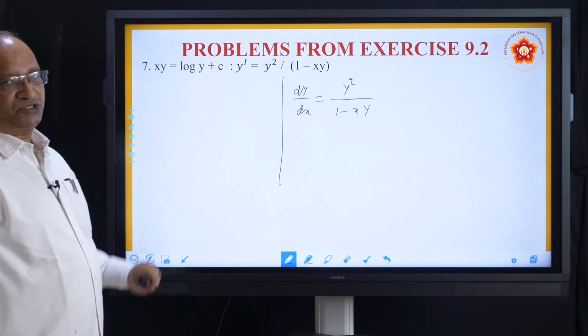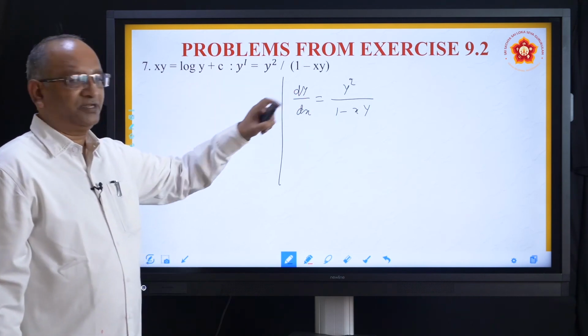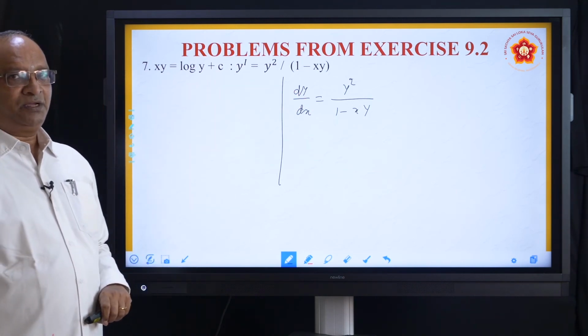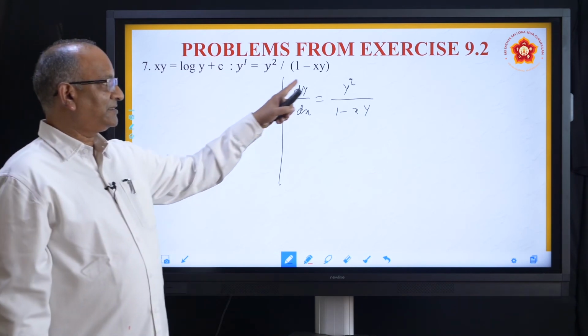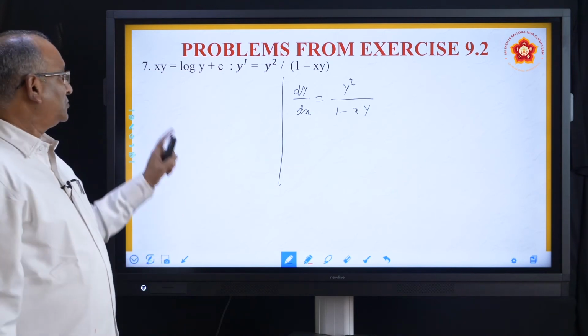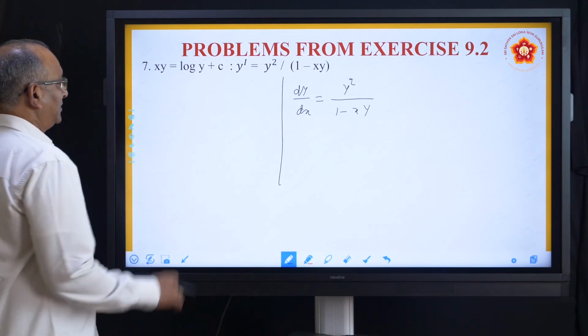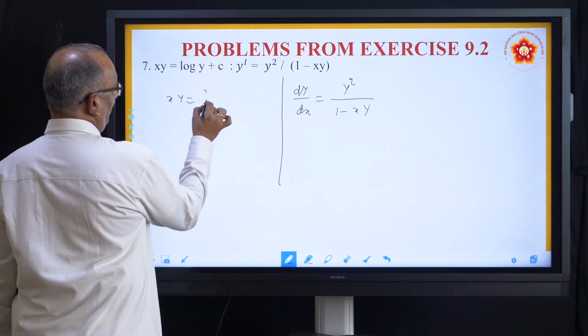If this is the solution, we want to check whether it is a solution of this equation. How do we do that? In order to do that, you need to know what is y so that you can substitute. You also need to know what is dy by dx. So simplify this. This function is xy equal to log y plus c.